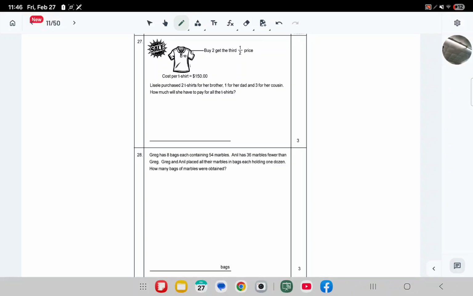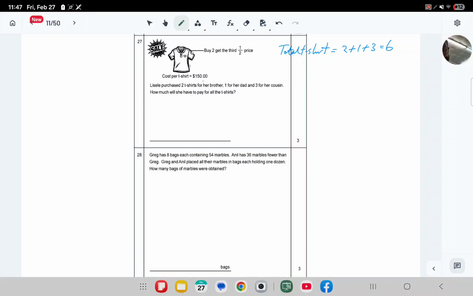So we know for every 3 t-shirts they get 1 half price. So first we calculate the total t-shirts we purchased. So that's 2 plus 1 plus 3, which is equal to 6.